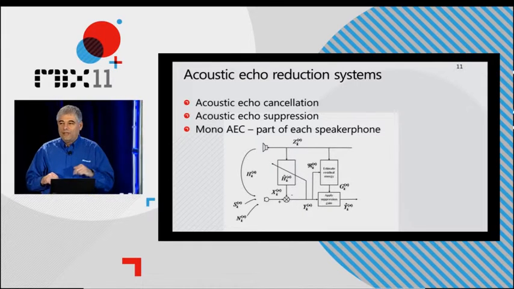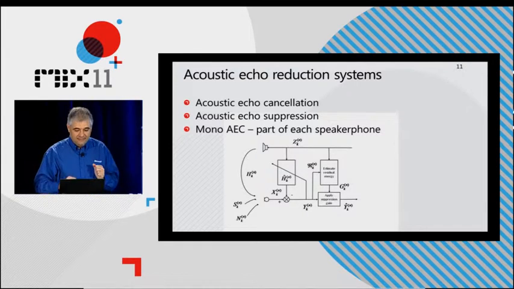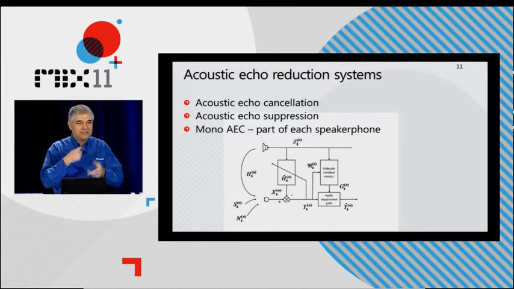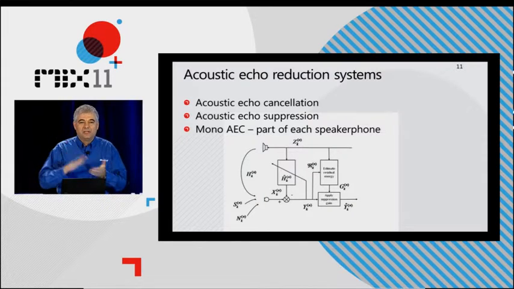Because we cannot do this quite precisely, there is a so-called residual y of k, and we need a small additional block to do additional suppression of the sound from the loudspeakers.